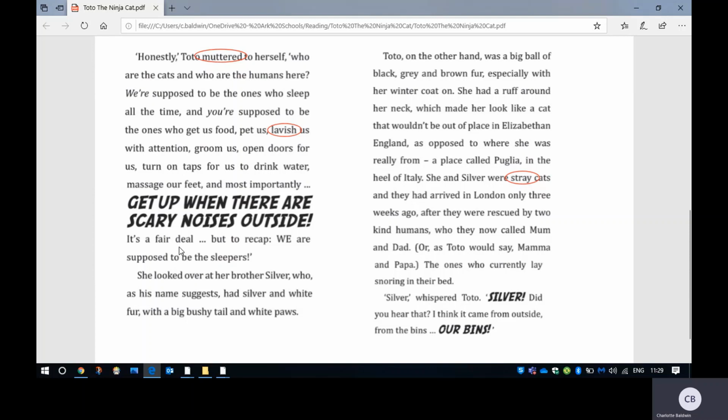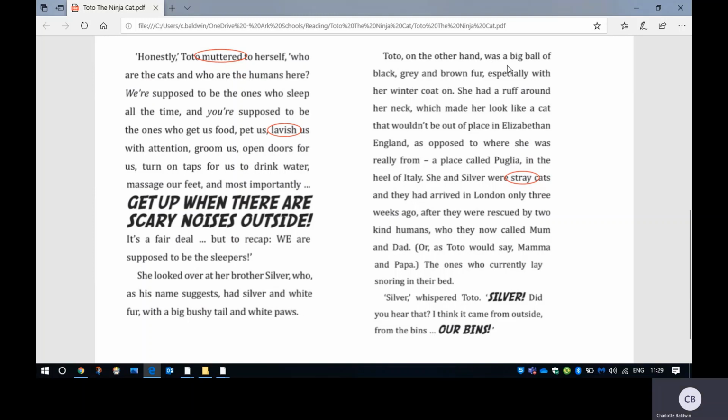It's a fair, but to recap, are supposed to be the. She looked over at her. Silver, who, as his name, had, and white, with a big tail and paws.